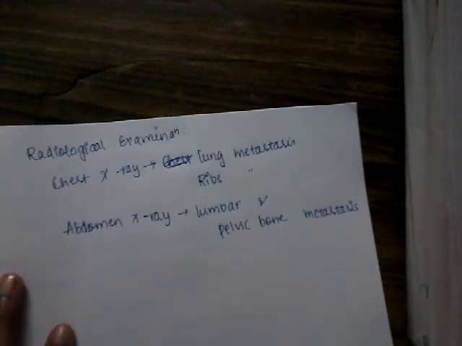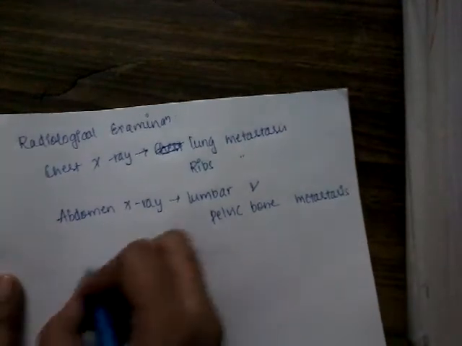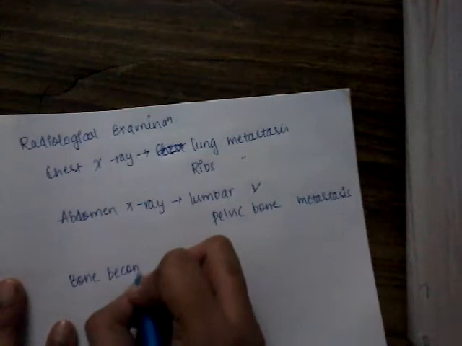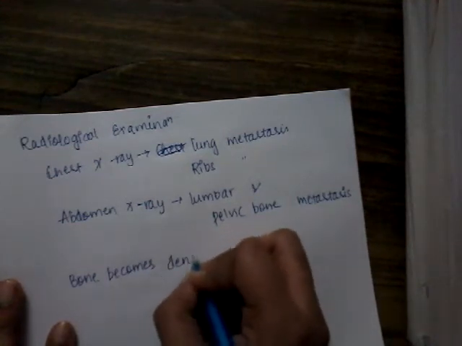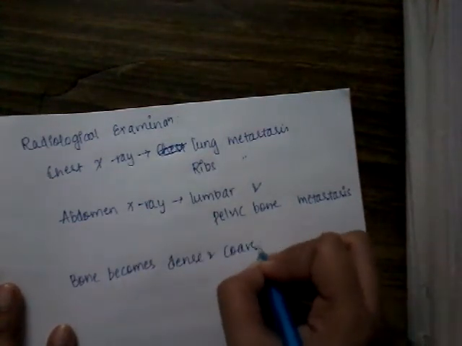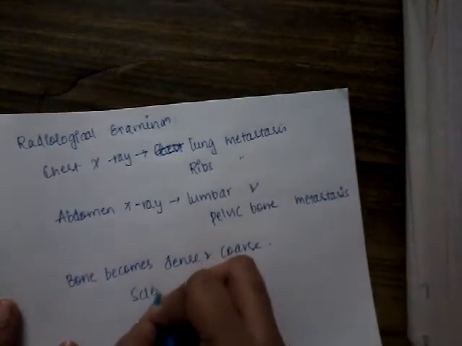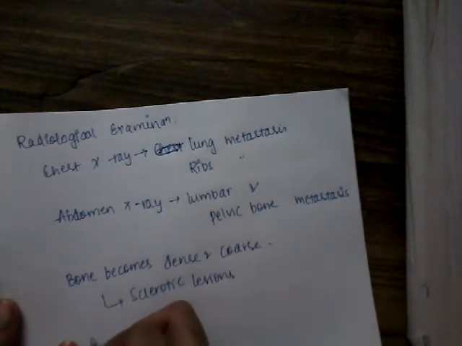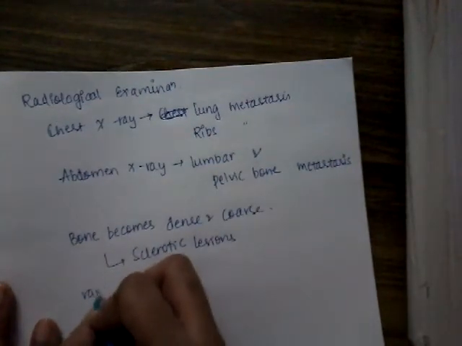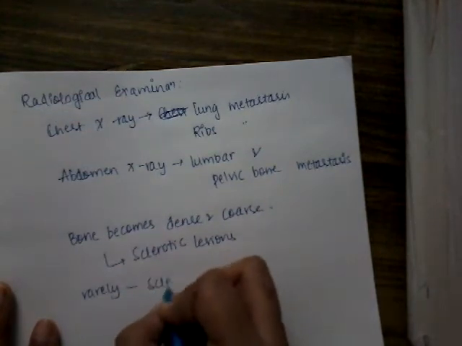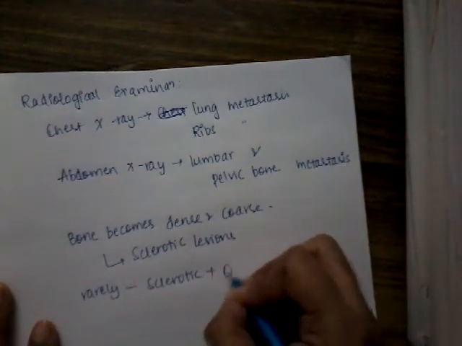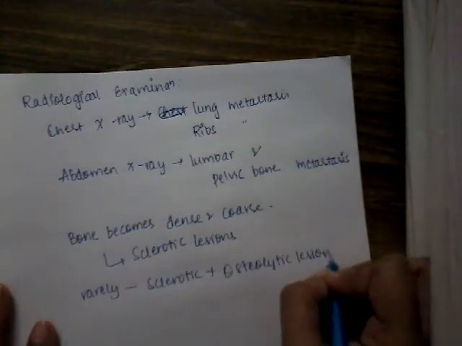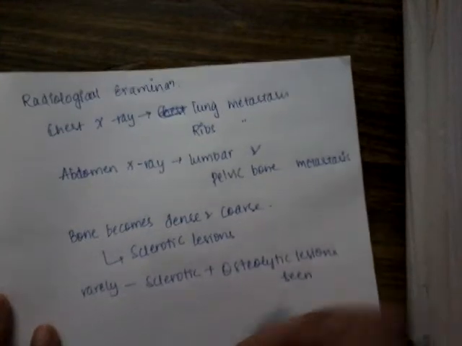Basically here the bone becomes dense and coarse because of sclerotic lesions. But rarely sclerotic plus osteolytic lesions are seen.